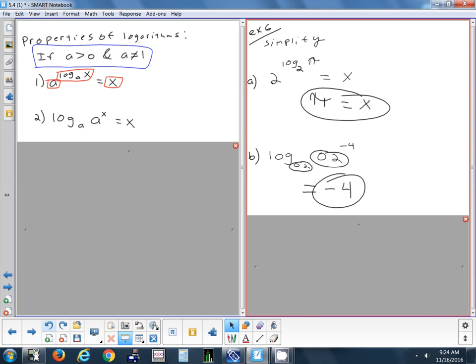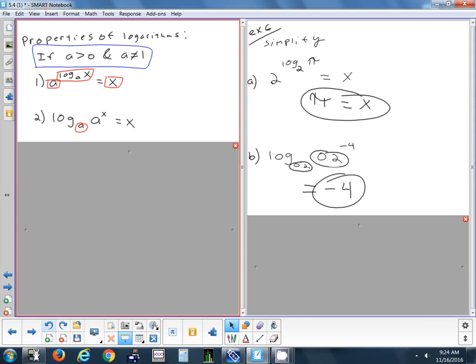Let's see why this one works. Looking at number 2, what is your base? A. So your base is a. What's your argument? A to the x is your argument. And here's the thing that's on the other side.